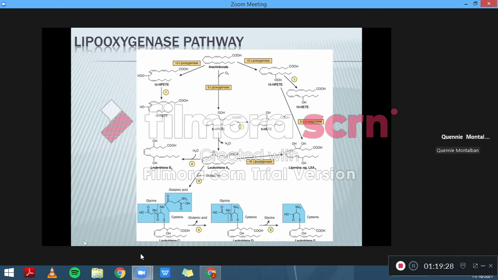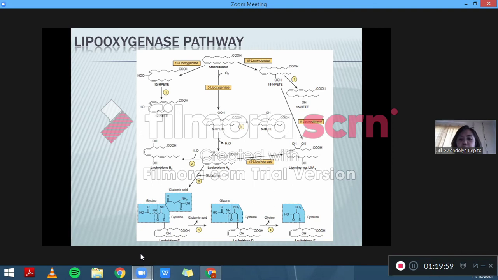Okay. So actually, both your cyclooxygenase and lipoxygenase use oxygen, right? But the insertion of oxygen into the carbon of arachidonic acid using a specific enzyme can give the 5-lipoxygenase, 12-lipoxygenase, or 15-lipoxygenase, causing formation of the leukotrienes and lipoxins.